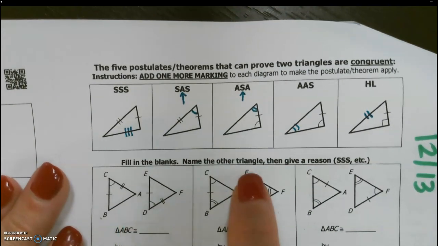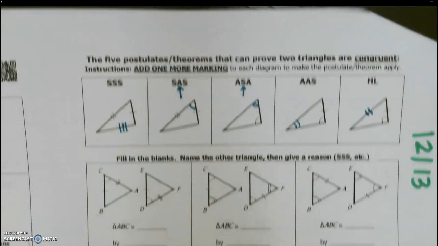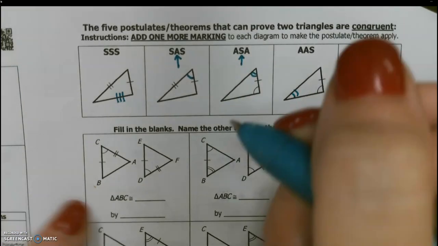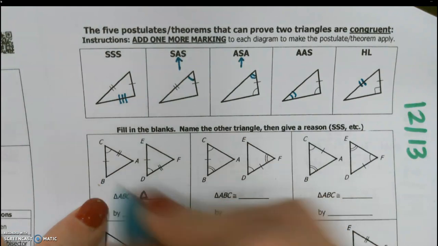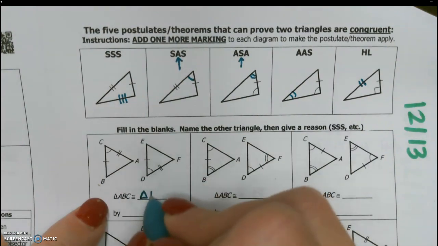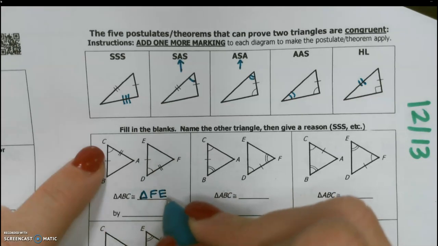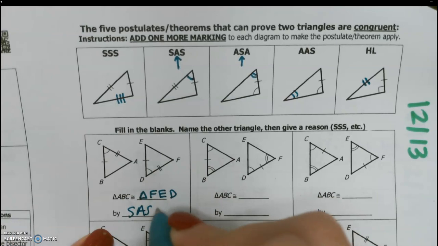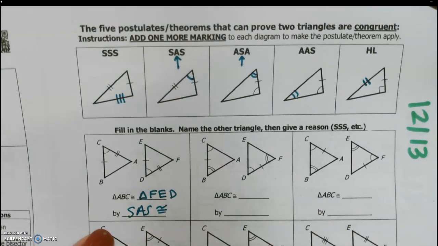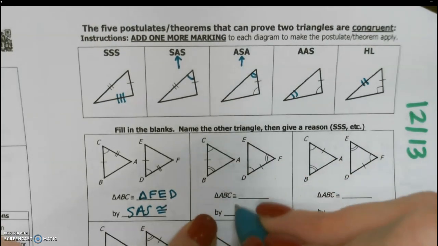All right, so fill in the blanks, name the other triangle, and then give a reason why you believe they are congruent. So let's see, angle A would correspond with angle F, B would correspond with E, and C would correspond with D, and this would be by side, angle, side congruence. Okay, this one, we have angle, side, angle.